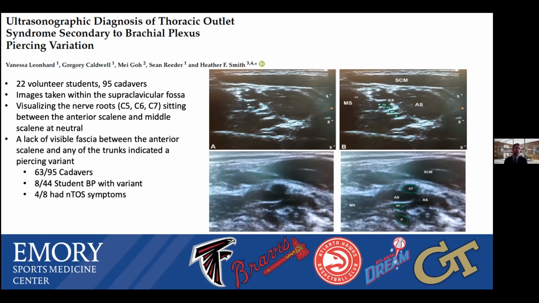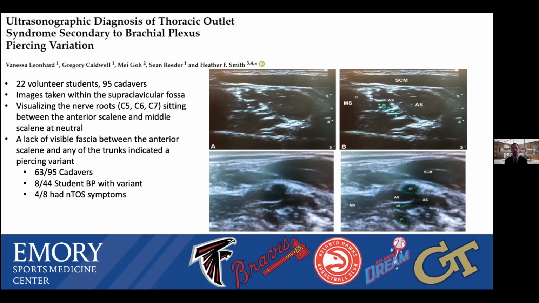What they described as the lack of visible fascia between the anterior scalene and any of the trunks, they described as a piercing variant. This is actually pretty predominant within the cadavers: 63 out of the 95 cadavers had this piercing variant. But when they looked at the students, they found this in 8 of the 44 plexi, and 4 of the 8 had associated provocative symptoms.